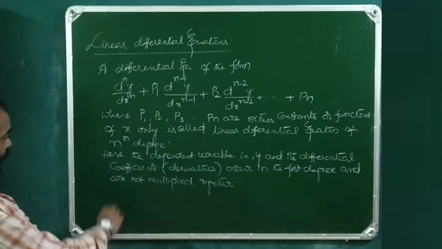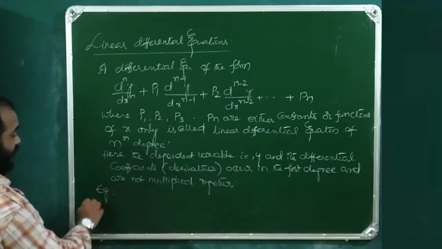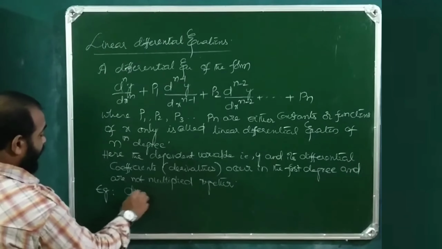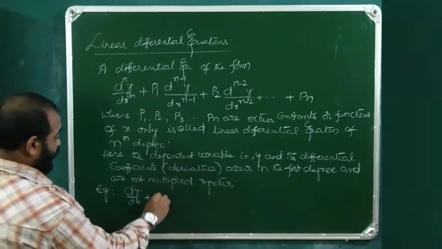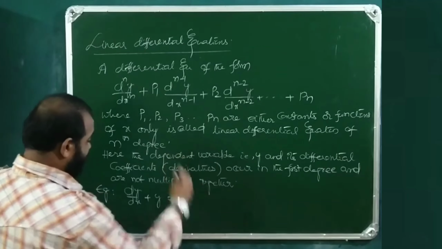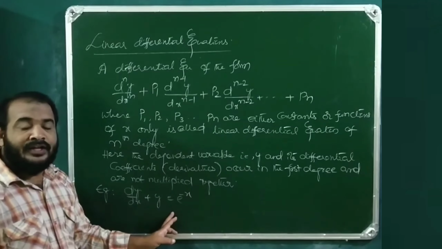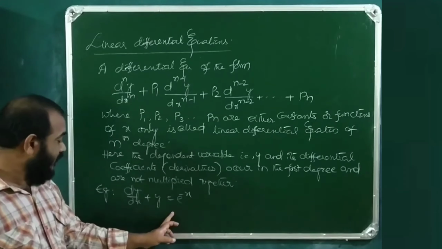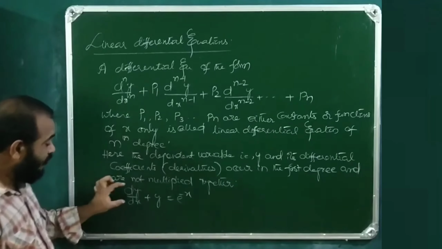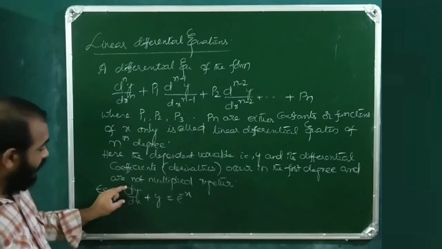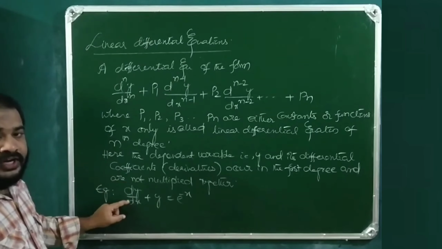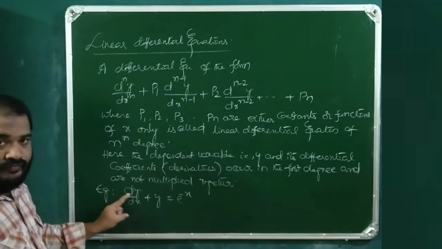So, if we discuss the examples, dy/dx + y = e^(-x). Here, this is a linear differential equation of order, what is the order? First order, differentiating y with respect to x one time.